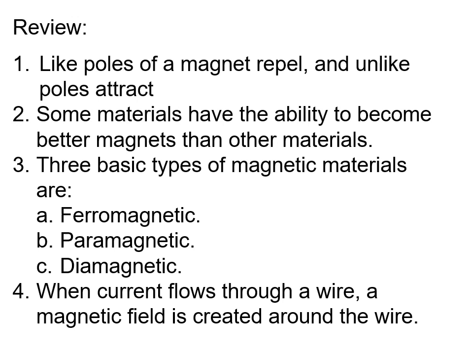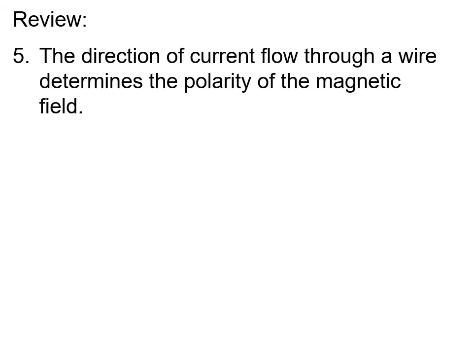As we pass a current through a wire or a current-carrying conductor, a magnetic field is set up around that conductor. The direction of the current through the conductor will determine the direction or polarity of the field.